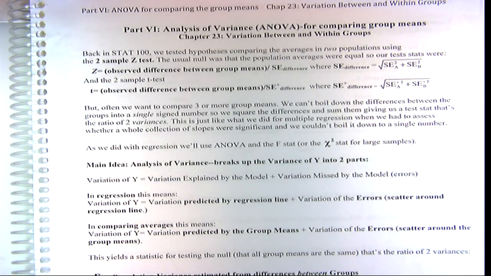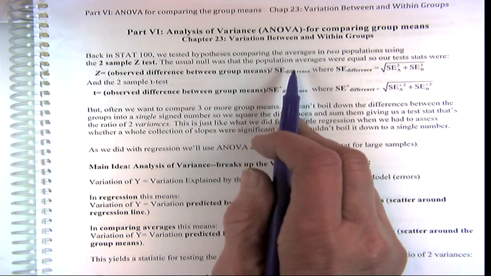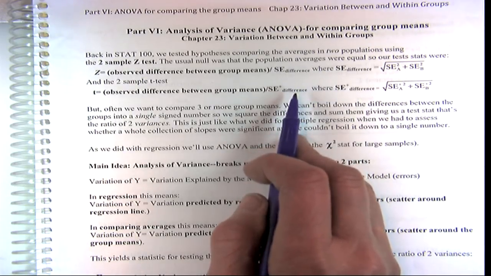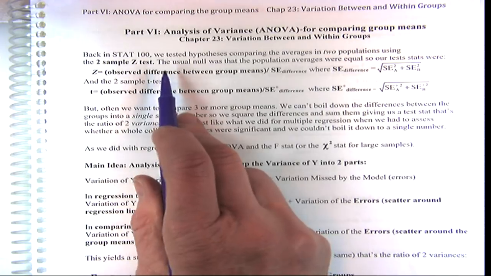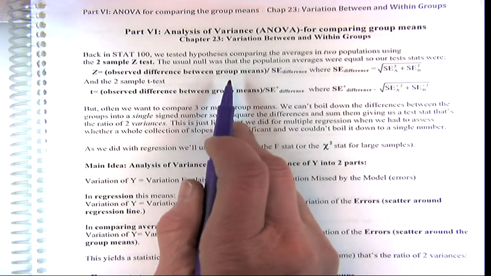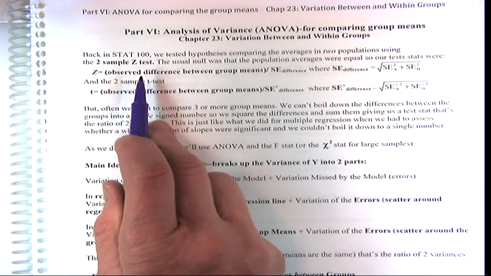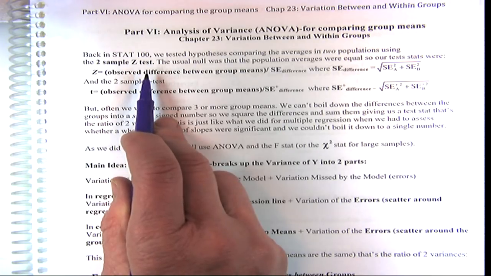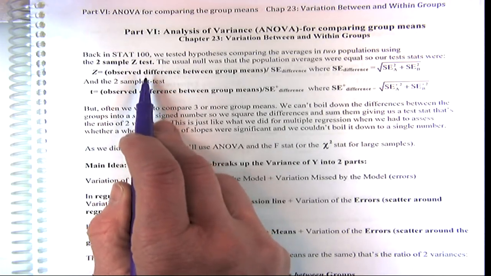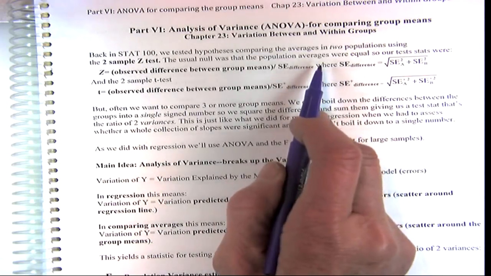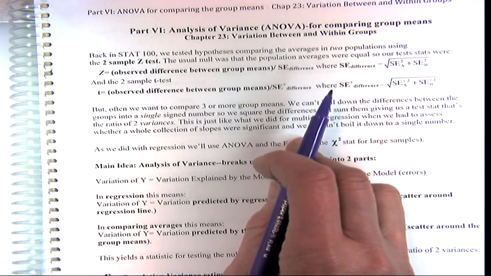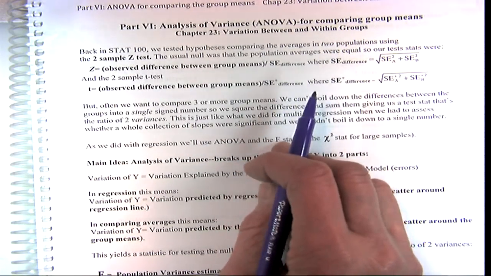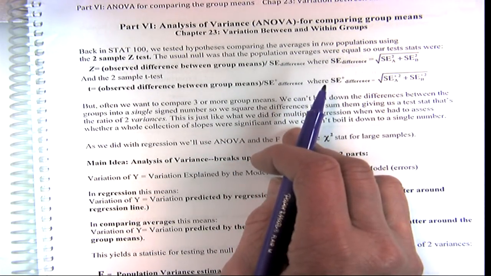So basically what we're going to do is extend the two-sample z or t-test to more than two samples. Back in Stat 100, we tested hypotheses for the average in two populations using a two-sample z-test or a t-test. The null was that the population averages were the same, even though in our sample they might not be. For example, we might want to look at the exam scores comparing males to females.